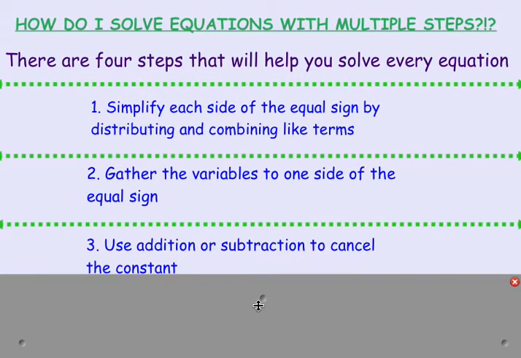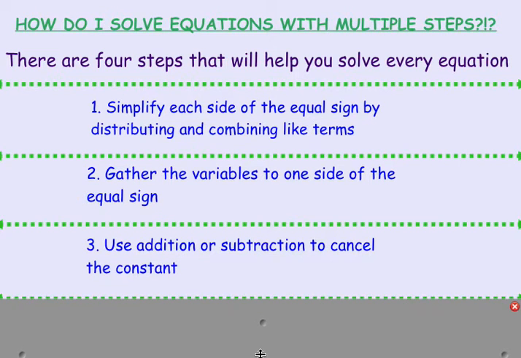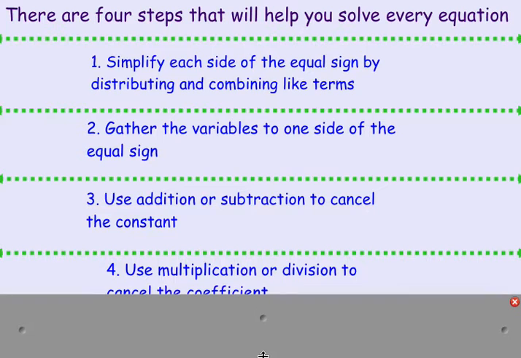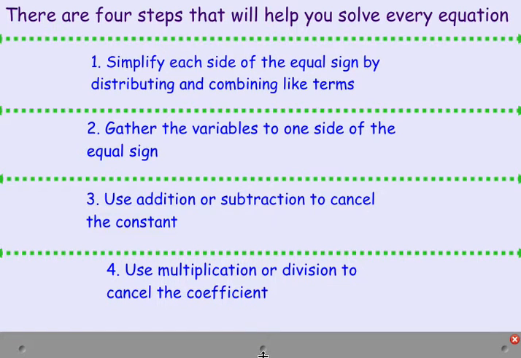I need to add or subtract it so that it can get over to the other side, because I'm trying to isolate that x or that letter completely by itself. And last but not least, we're going to use multiplication or division to cancel the coefficient. The coefficient is that number that's multiplied or divided right outside of that letter, so we need to do the opposite to get rid of that.